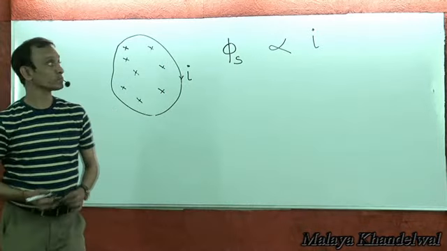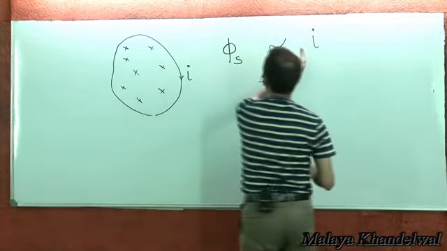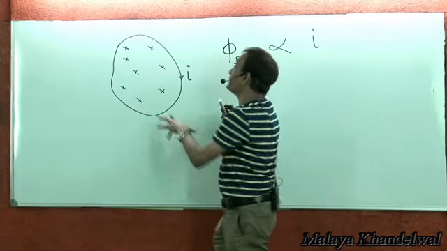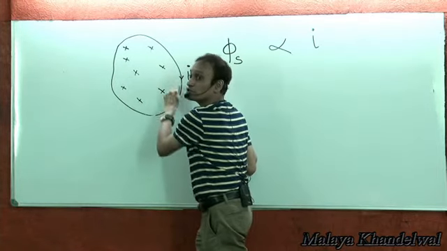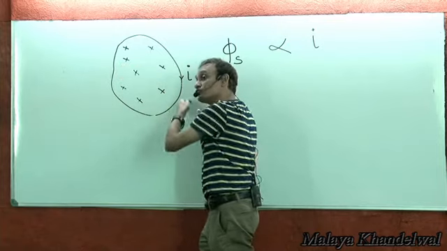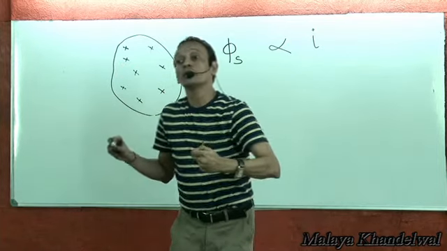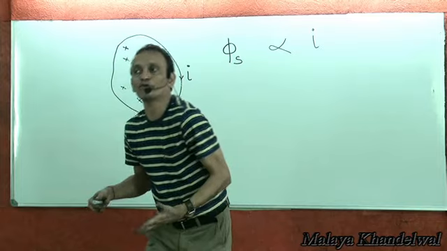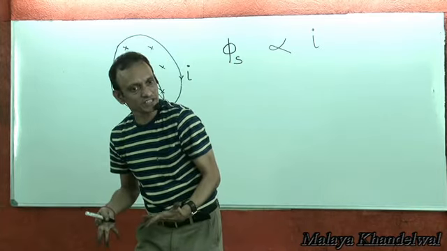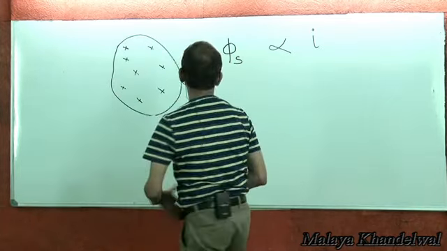The constant of proportionality that will appear here will depend on the geometry of this loop, and also on the medium in which it is kept. Yes or no?